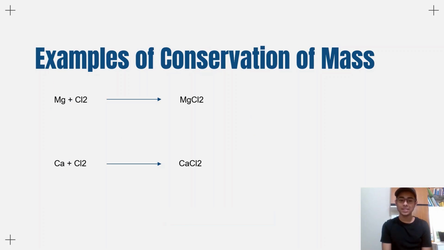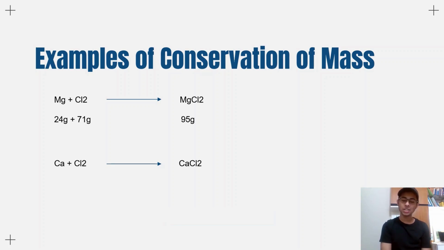Now, as you will see the examples of conservation of mass, I hope the lecture I gave earlier will become more clear. So, as you can see, we have two reactions here. Magnesium plus chlorine is the first one, which gives magnesium chloride. As we already know, mass is neither created nor destroyed. So, magnesium has a mass of 24 grams and chlorine has a mass of 71 grams.